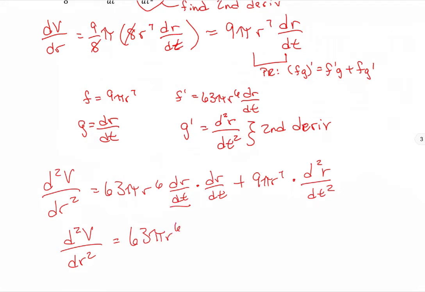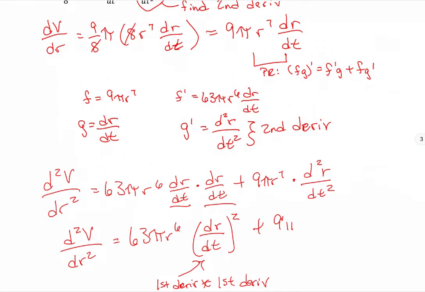So let's simplify this. So that's d squared V over dr squared equals 63 pi r to the 6th. Now, these two multiplied together give us the first derivative squared. So this is the first derivative times the first derivative, plus 9 pi r to the 7th d squared r over dt squared.